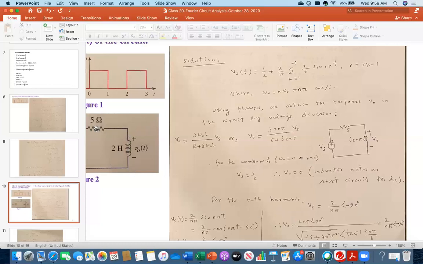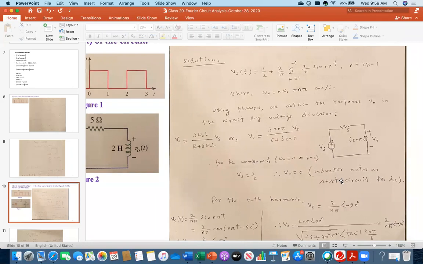If there is DC voltage applied, then for DC, the inductor will be short circuited. So your voltage will actually be 0. Because Vs is half, DC, you can say V naught is 0. I have written that the inductor acts as a short circuit for this.